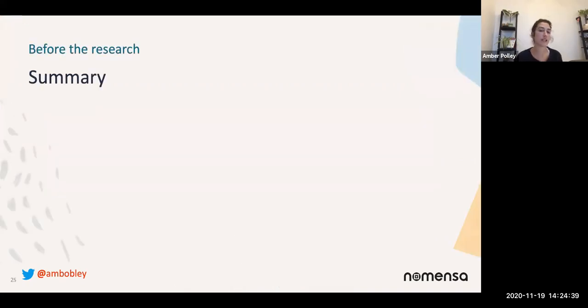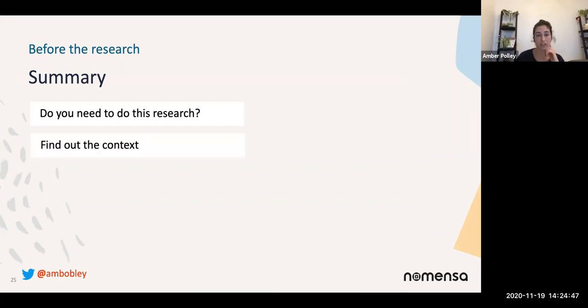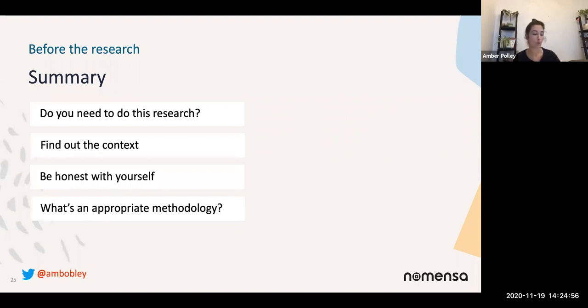So I thought I'd summarize, that was quite a big section, before going on to the next part. So think about, actually, do you need to do this research first and foremost? Find out as much about the context as possible if you are going to go along with the research. Be honest with yourself once you know that context. Are you going to be okay? What is your appropriate methodology? What's appropriate for your participants from what you know about them?